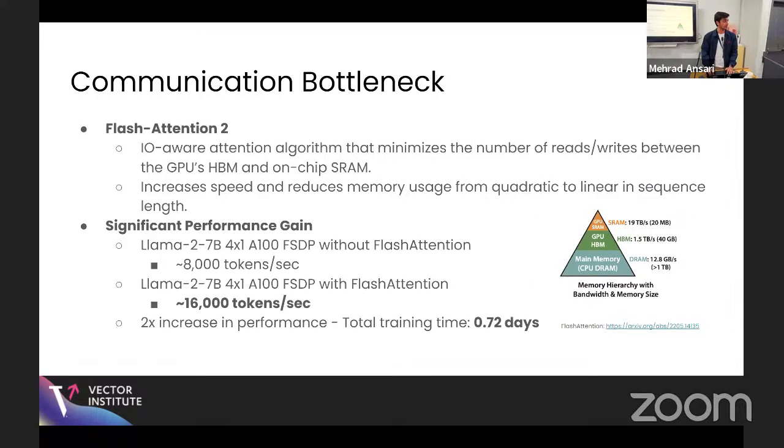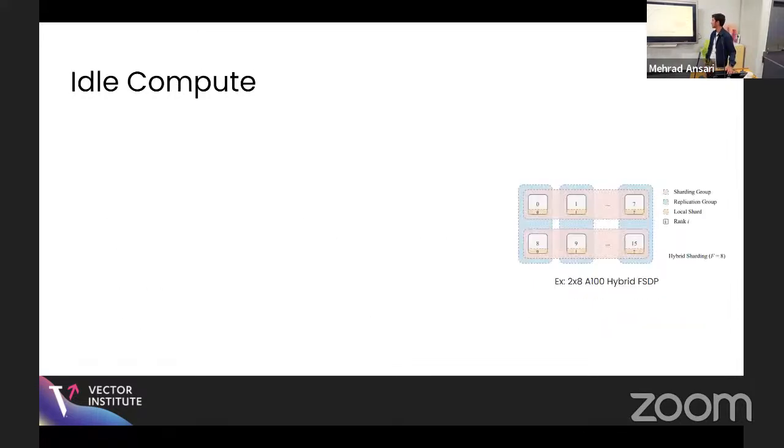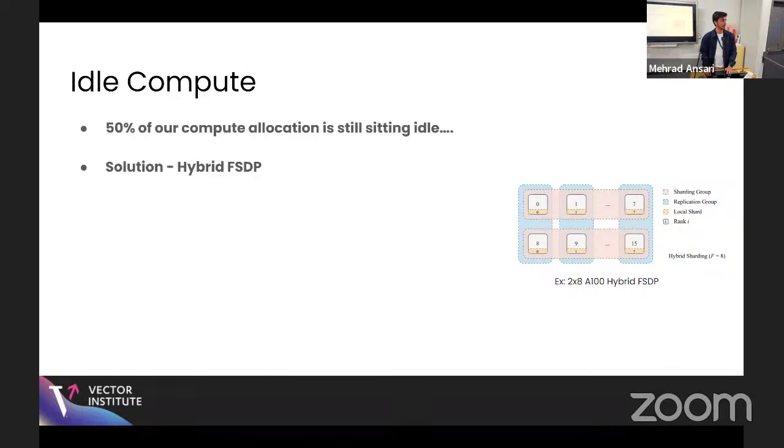Now what's the problem? We have idle compute. We're doing all this on a single node, but in reality, we have another node that we can make use of. So what do we do? There's this thing called hybrid FSDP. If you recall, FSDP does all this communication for weight gathering and reduce scattering for a given model. So within one node, we can have FSDP.